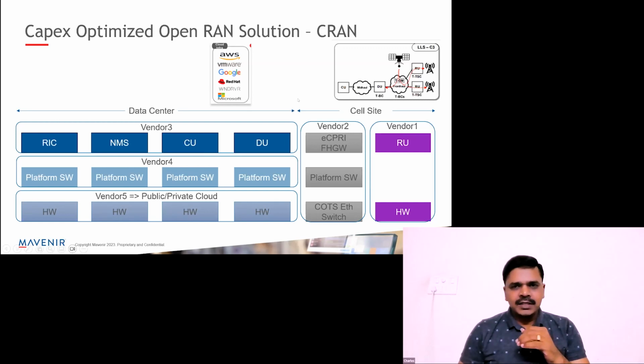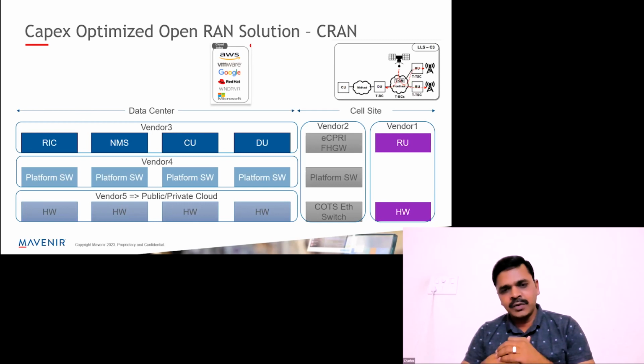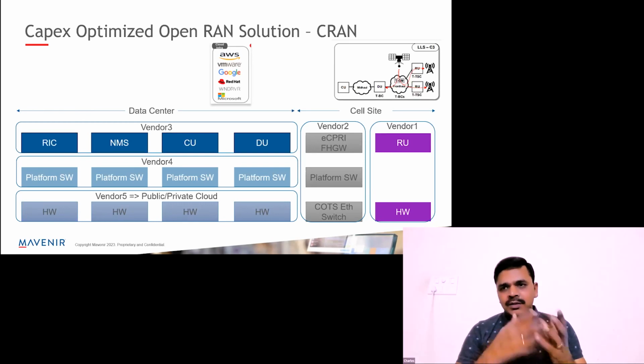Again, there are multiple cloud providers who can enable this, and the cloud could be either private or public. The public cloud is more on a rental basis, whereas the private cloud could be owned by the operator, or owned and operated by system integrators like Mavenir and other companies.